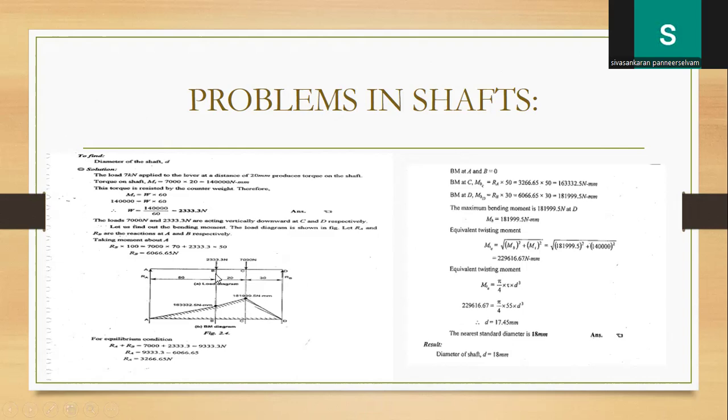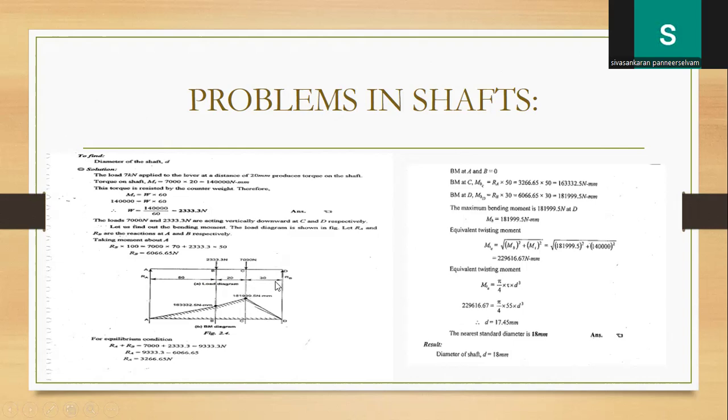Now the bending moment at C and D we have to calculate. From C, refer towards the left side direction. There is one upward reaction force. How much distance from C? 50 mm. So RA into 50. Similarly, bending moment at D: from point D, towards the right-hand side, there is another reaction force RB.